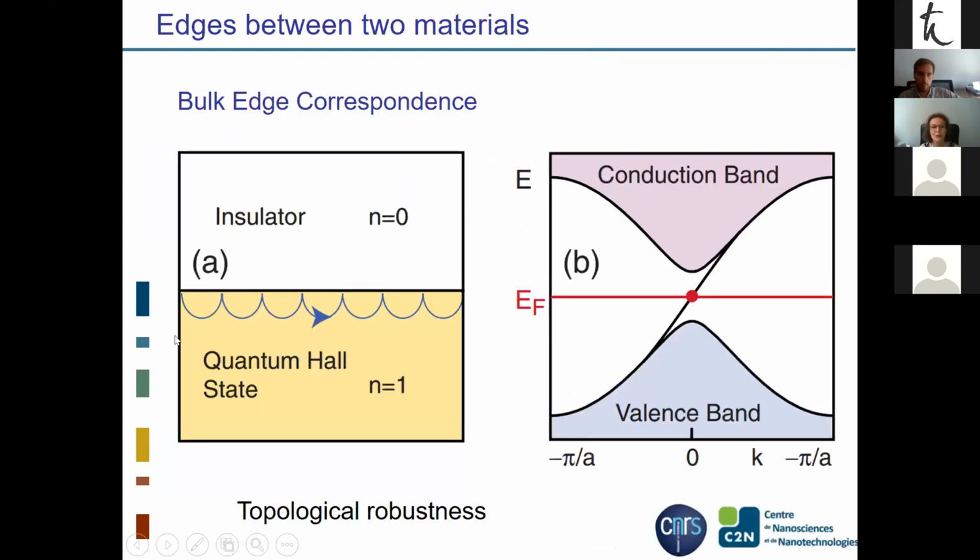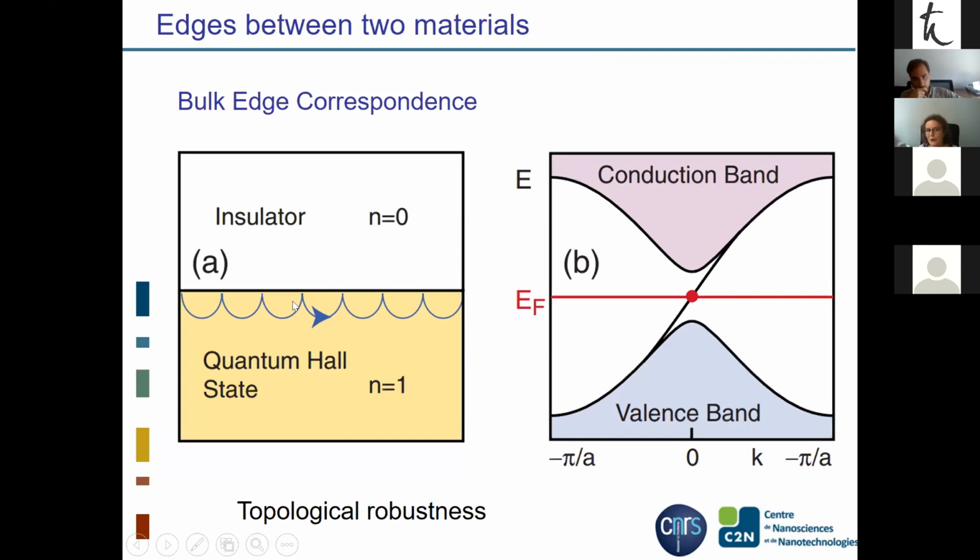Another very interesting thing is that if you make an interface between two materials which have different topological invariants, you will create states which are located at the edge and which are extremely robust to any defect, any variation of the shape of this interface. And this robustness is really coming from this topological invariance that you have.